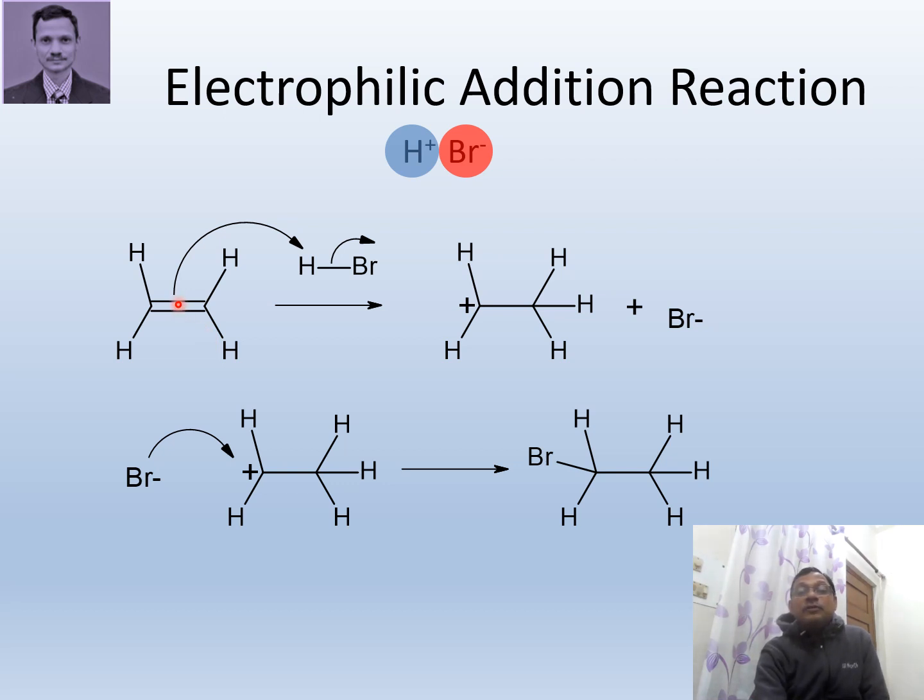So this olefin electron will attack the electron deficient part of this hydrogen bromide, and in this way the bromide ion is separated and a carbocation is generated. And in the second step, the bromide ion will attack this positive charge to get the bromoalkane. So this is a nice example of electrophilic addition reaction.